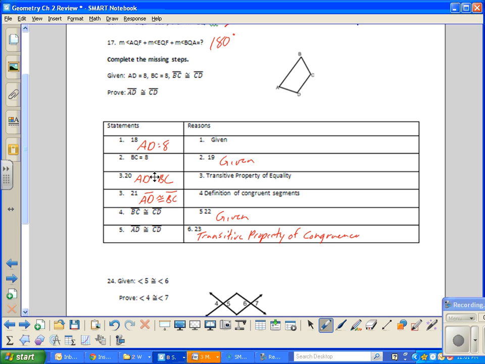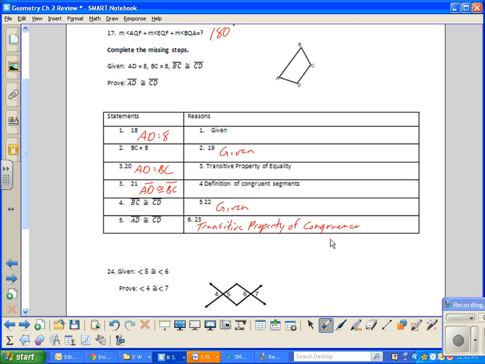So we're equals here, so we want to be congruent, so we switch it to segment AD is congruent to segment BC. And then we got BC is congruent to CD. So notice AD is congruent to BC, BC is congruent to CD. So since they're both congruent to BC, AD should be congruent to CD, and that's the transitive property of congruence.